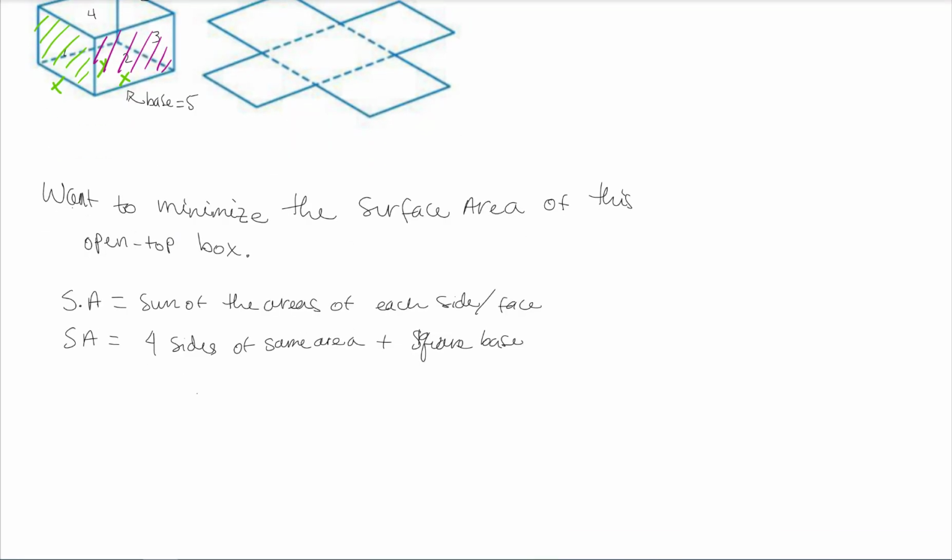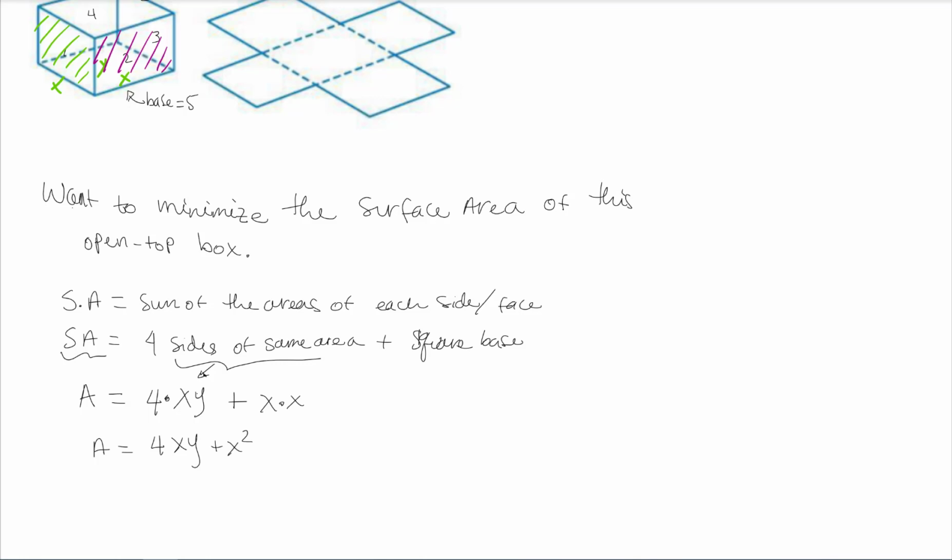So my surface area, I'm just going to call it A, the area. So the area of one of those sides is length times width, so it's xy, but I have 4 of those, so I'm going to have 4xy. So the sides of same area is 4xy plus the square base, the bottom, and the area of a square is x times x, so you can also think of it as length times width, and the length and the width are the same, so x times x, which is x squared. So the area is 4xy plus x squared.